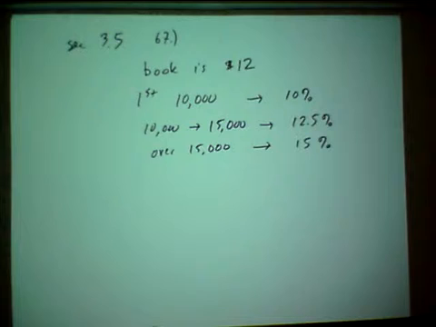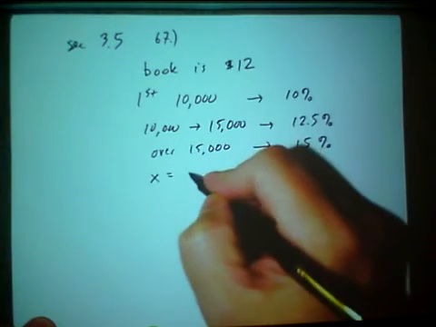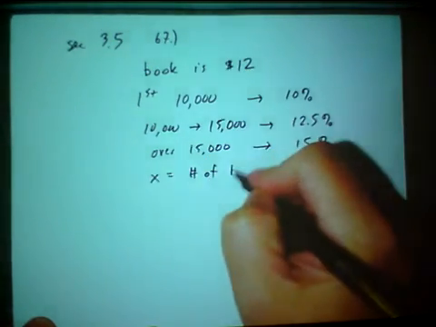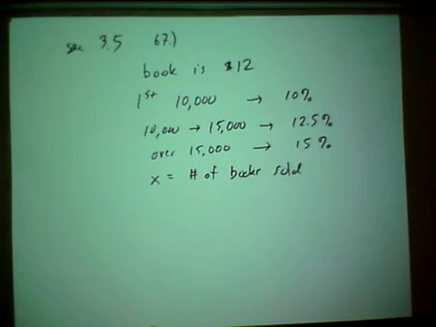So now the problem says, find a piecewise defined function R that specifies the total royalties if X copies are sold. So we're going to assume X is going to be the number of books sold. Now this is a piecewise function because there's actually going to be three different equations.